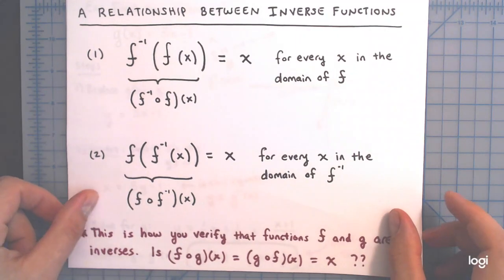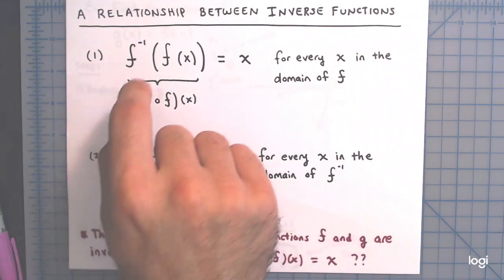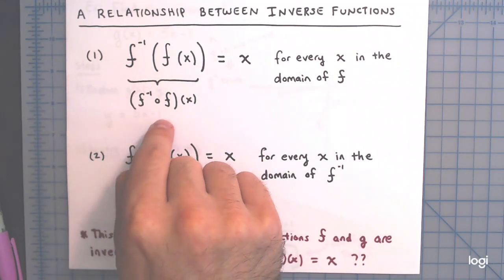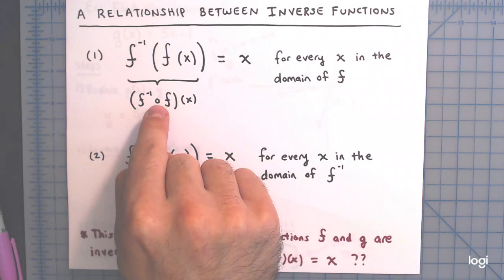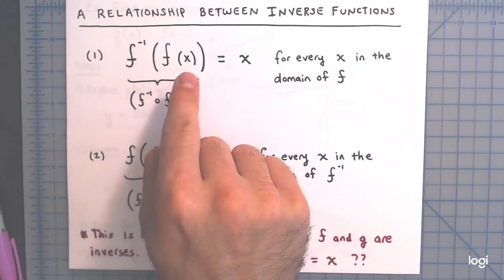Okay, so here's a nice relationship between inverse functions. One way is, if I compose f inverse with f, remember this little notation, the circle symbol means f inverse composed with f of x, or f inverse of f of x.